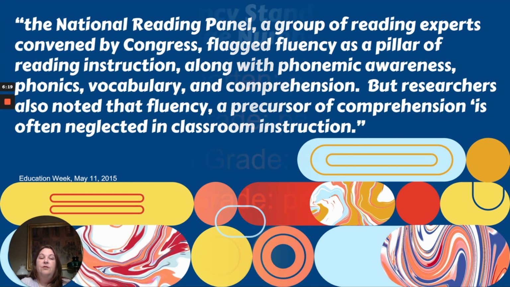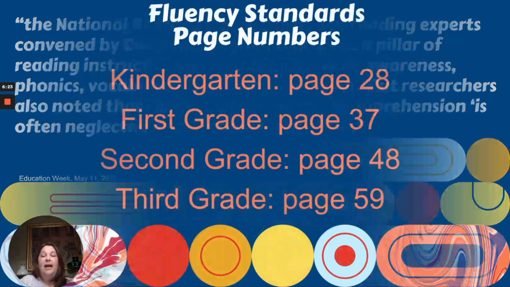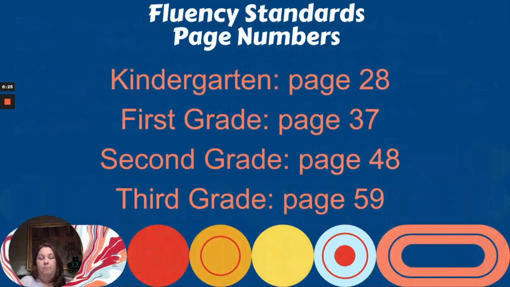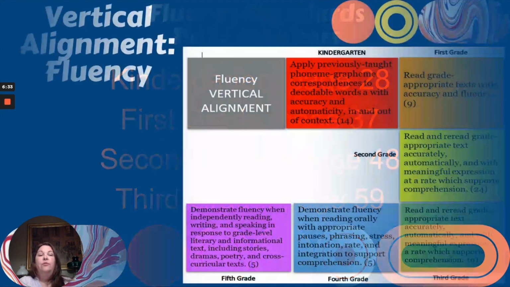Here are the standards and the page numbers where the standards for fluency are located in K through 3. As you look over these, we will look at the fluency vertical alignment from kindergarten through 5th grade.